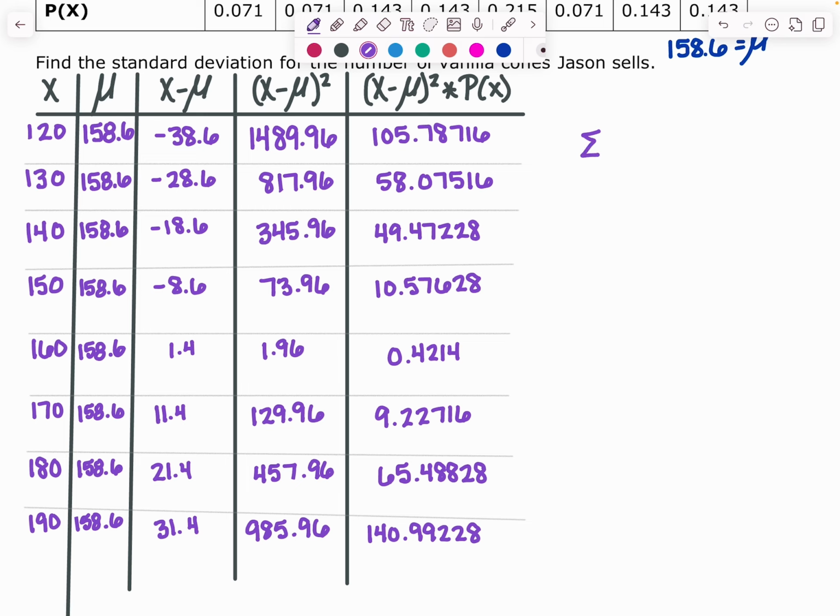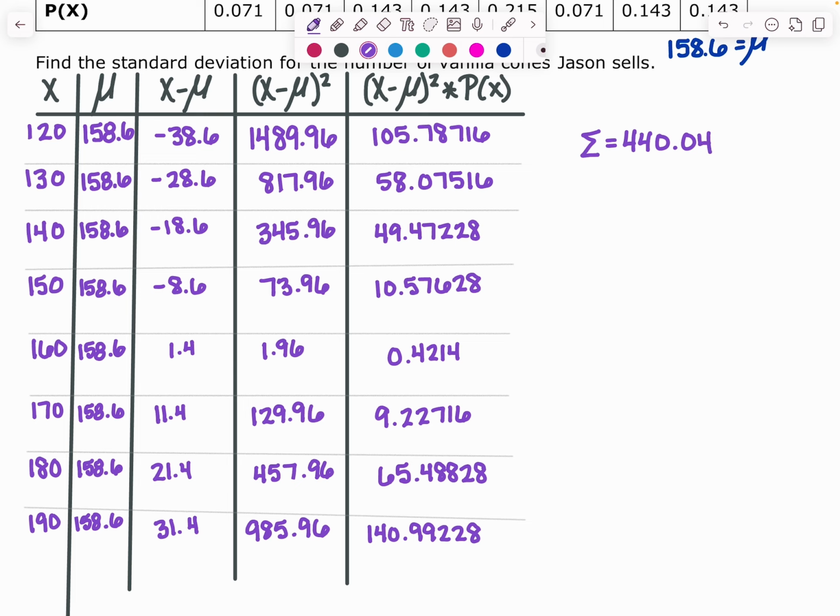And then I'm going to take the sum of the last column. And I got 440.04.